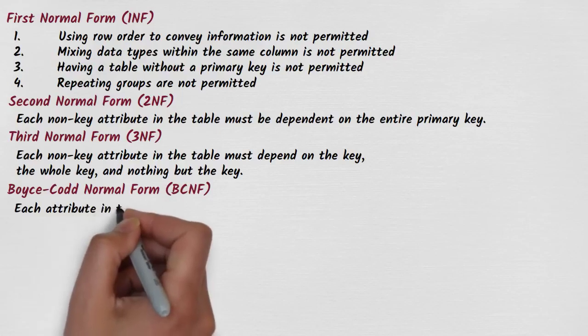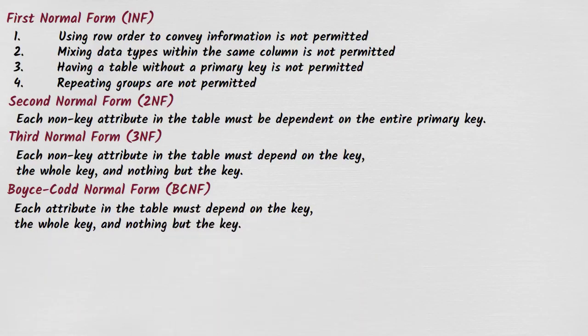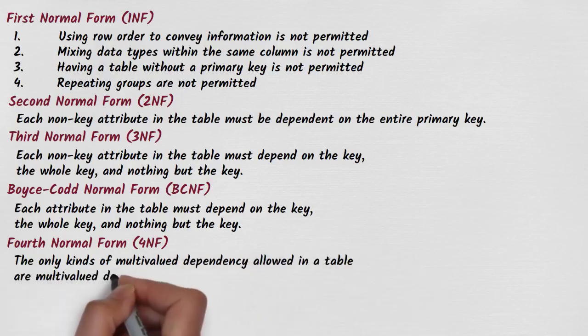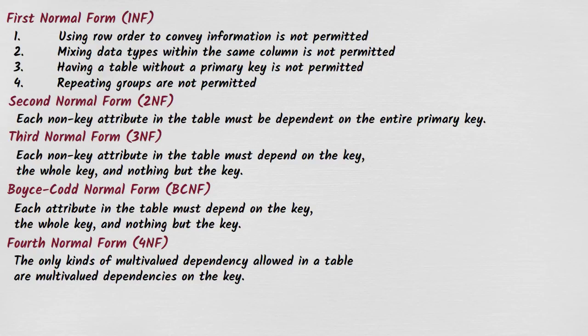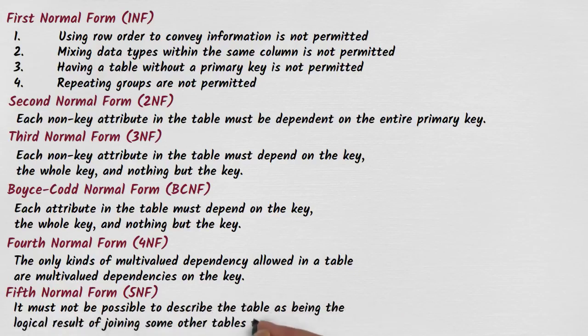Each attribute in a table must depend on the key, the whole key, and nothing but the key. The rule for 4th normal form is that the only kinds of multi-valued dependency we're allowed to have in a table are multi-valued dependencies on the key. Finally, the rule for 5th normal form is it must not be possible to describe the table as being the logical result of joining some other tables together.